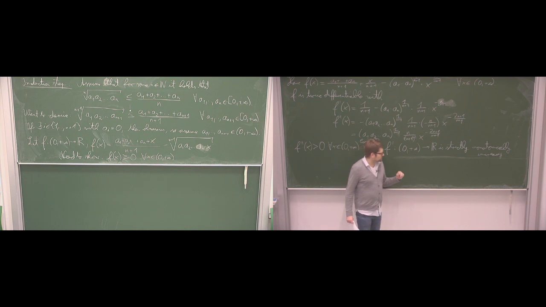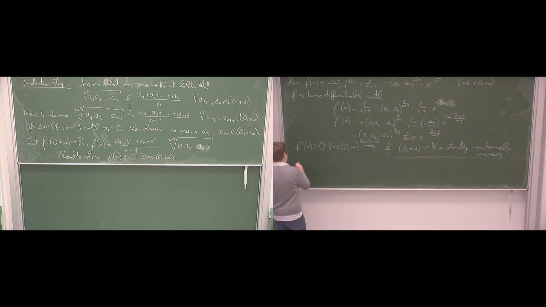We've seen that every possible local extremum satisfies the vanishing of the derivative. That was Fermat's theorem. And since f prime is strictly monotonically increasing, it's particularly injective. So there can be at most one point in this interval where the derivative is vanishing. So the local extrema, there's possibly one, but definitely not more than one.